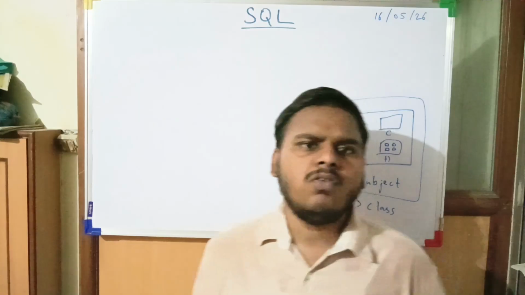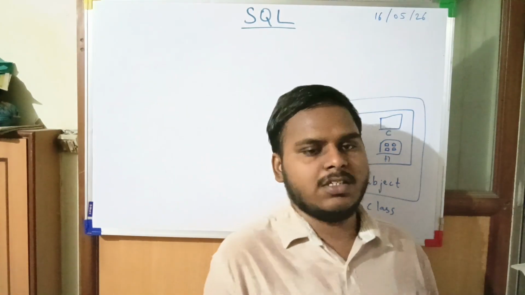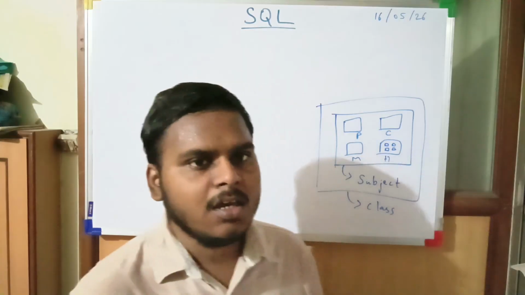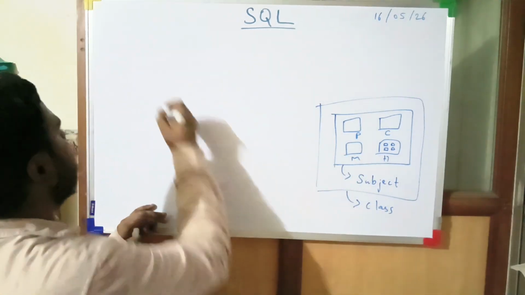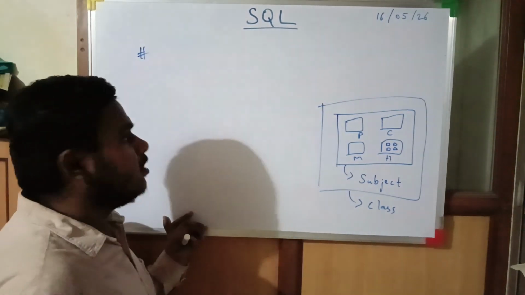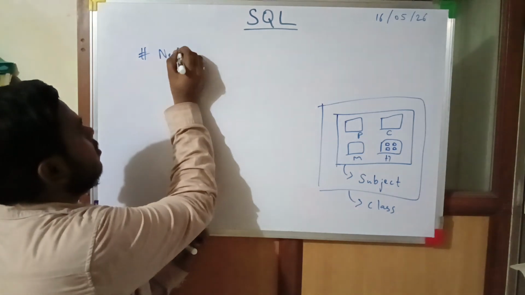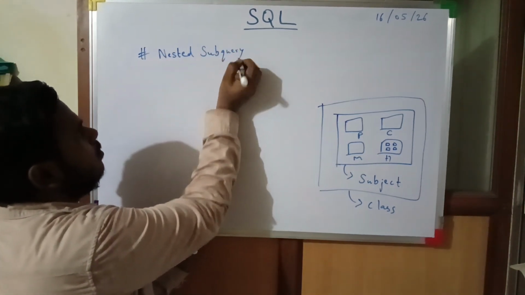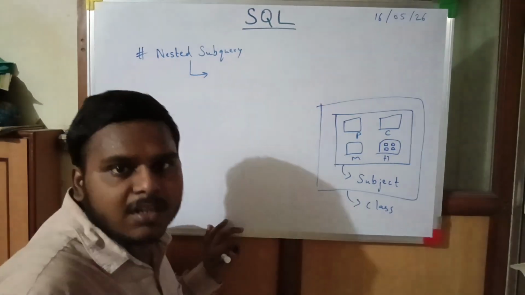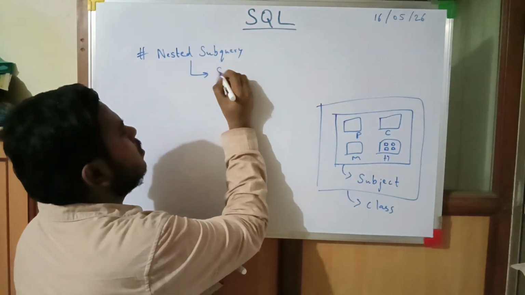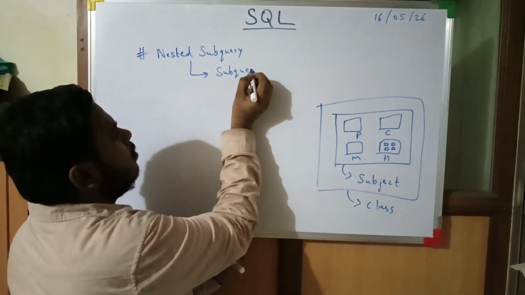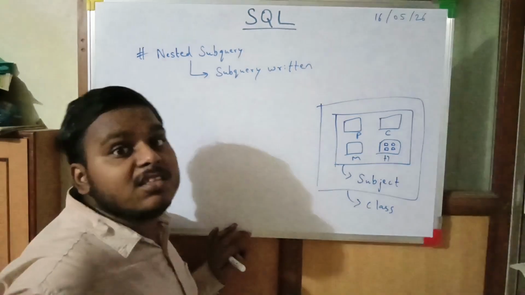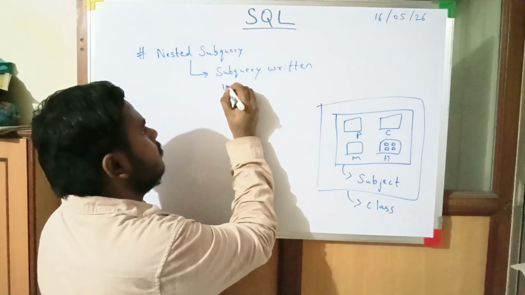Now what is the definition of nested subquery? If someone asks the definition of nested subquery, we can write like this: nested subquery means a subquery written inside another subquery.